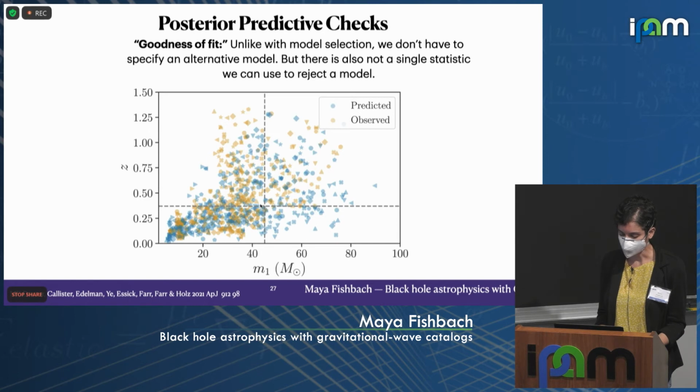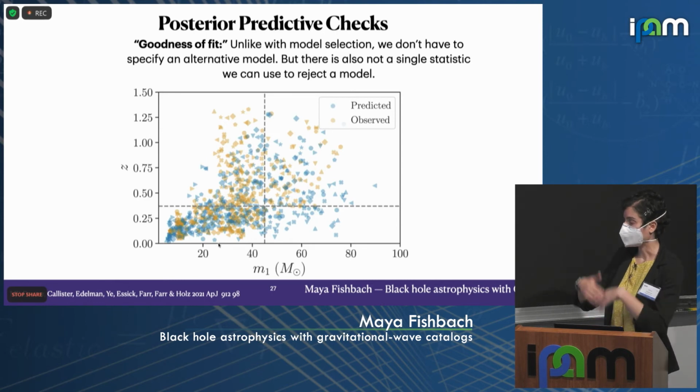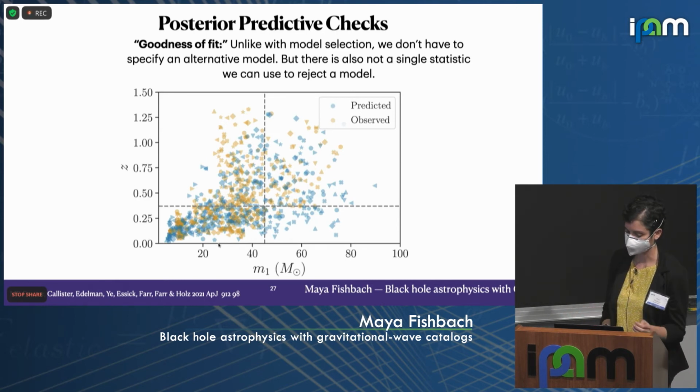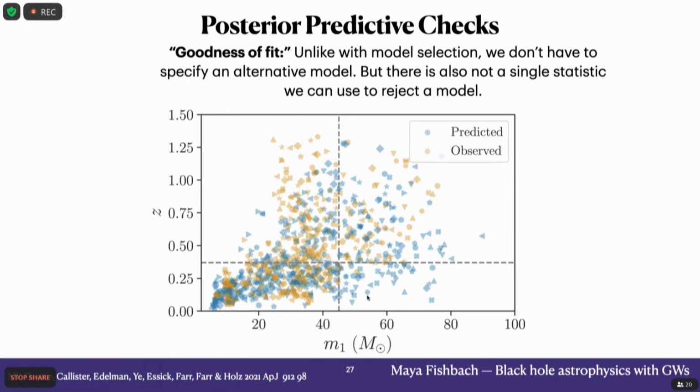What's shown here is that projection in terms of primary mass and redshift, and there are actually a bunch of catalogs here overlaid with each other, which is difficult to see, but there are different markers that correspond to both observed events, because there's measurement uncertainty in our events, and predicted events, because we can generate many realizations from our distribution.